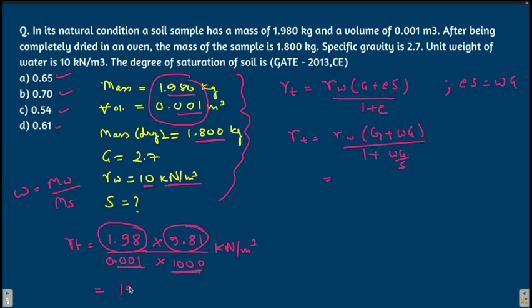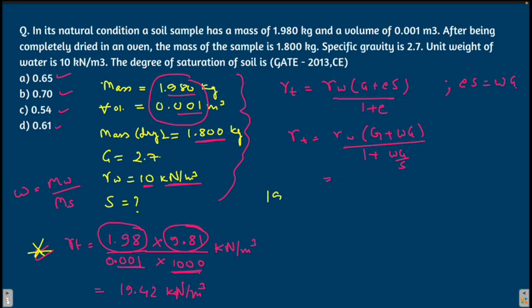It is coming as 19.42 kilonewton per meter cube. So this was a very important portion. Don't forget to change the units, and how to change the units and why we are changing that, I have explained it to you.